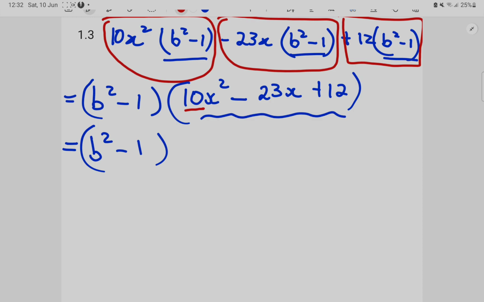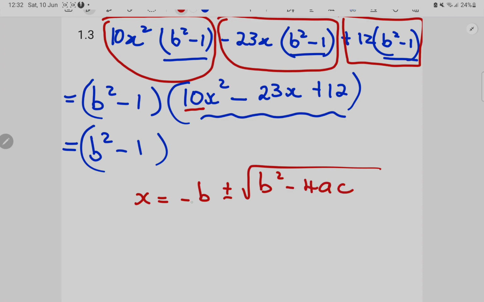The quadratic formula says x is equal to minus b plus or minus the square root of b squared minus 4ac all over 2a. Let's first identify a is 10, then b is negative 23, then c is 12.